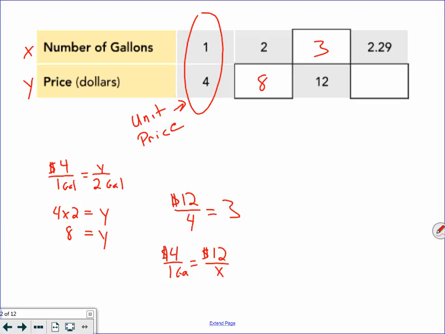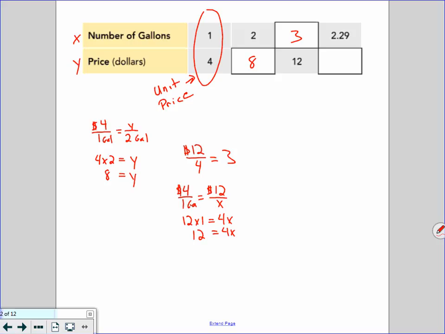So what I would end up doing there is taking 12 times 1, which would equal 4 times X, which is 4X. Well, 12 times 1 is 12. 4 times X is 4X. So to solve this, what would I do? I would divide by 4. So you can see how it works out here.